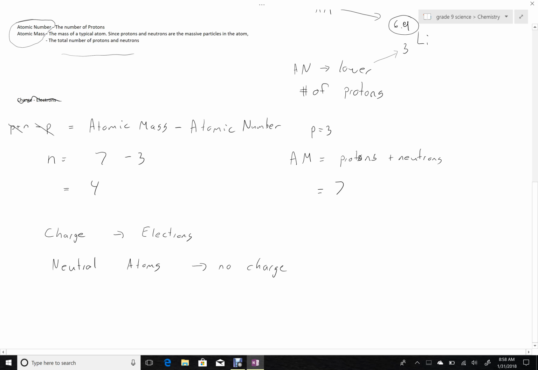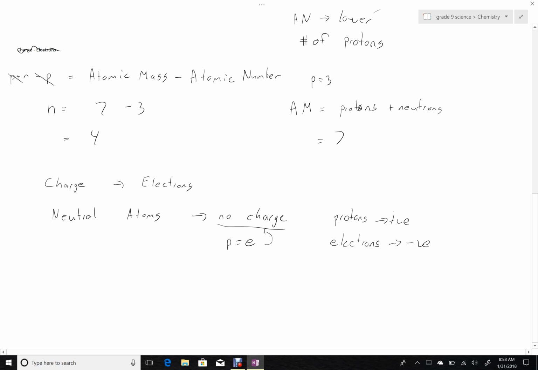And what we'll remember is that protons are positive and electrons are negative. So if I'm going to end up with no charge overall, what that means is my protons are equal to my electrons, and so the positive and negative will cancel each other out, and that's how I end up getting back to no charge. So if I have neutral atoms, then my electrons are equal to my protons, and that's set to 3 for this particular example.